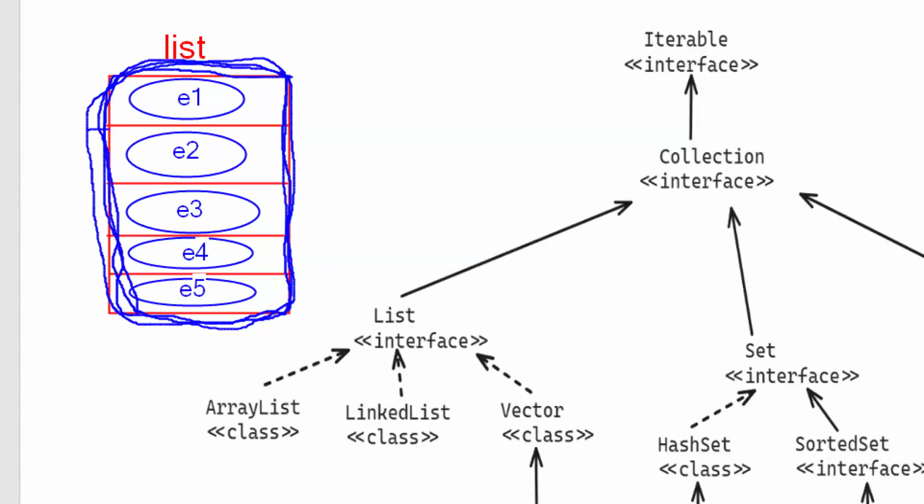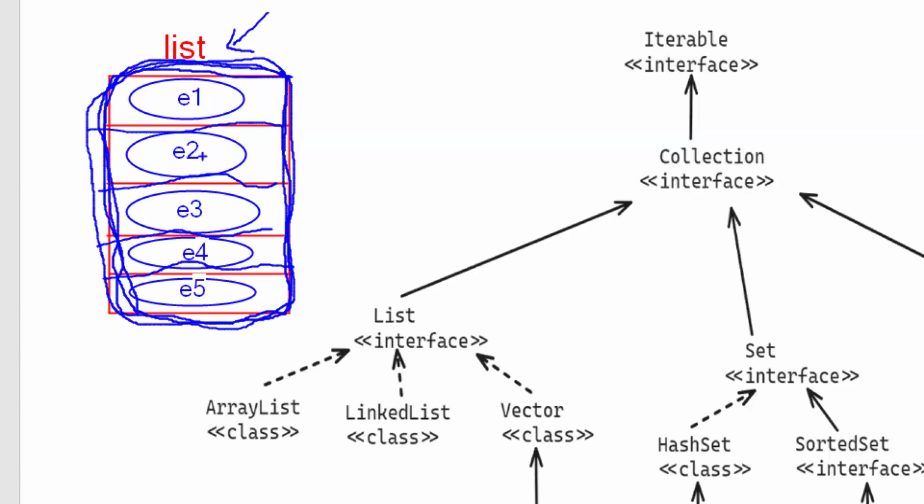What are E1, E2, E3? These are called elements. Each element is also an object. So E1, E2, E3, E4, E5 are all objects. The purpose of a collection is that we can store a group of objects, search for an object easily, or sort these objects.